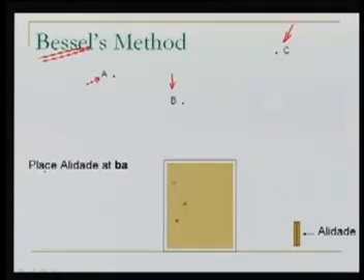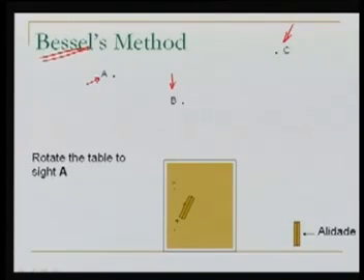The very first step here is we place the alidade along BA. Okay, the alidade is placed on BA. BA is here, small b and small a. After placing the alidade on BA, we rotate the table to sight A. What is the meaning of this? That means your eye is here and you are looking in this direction.